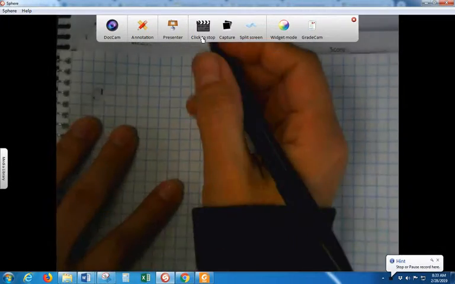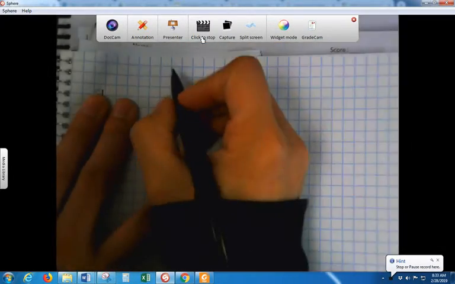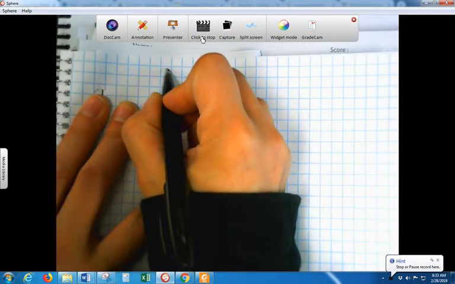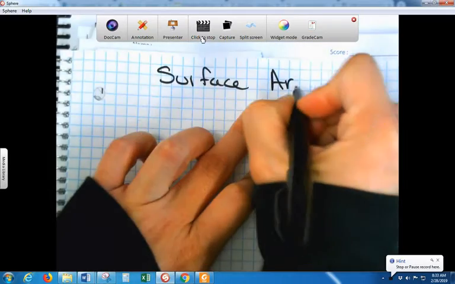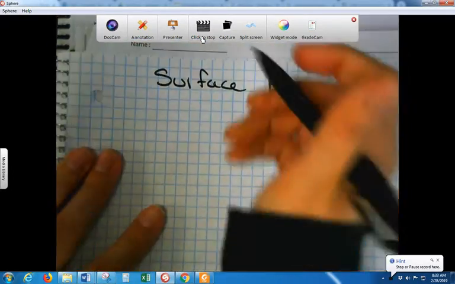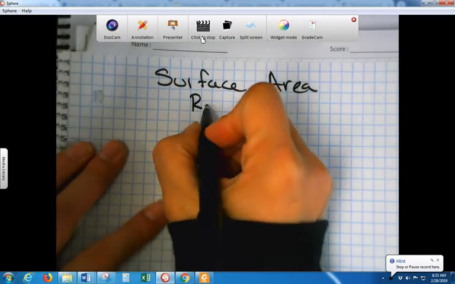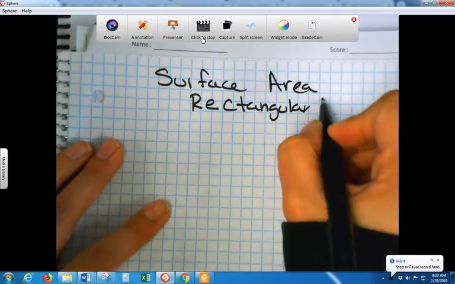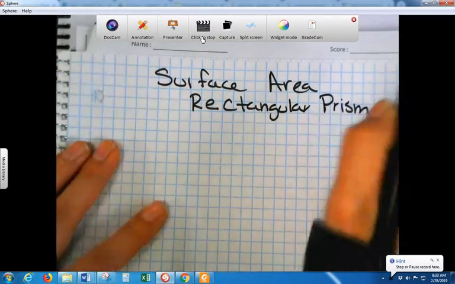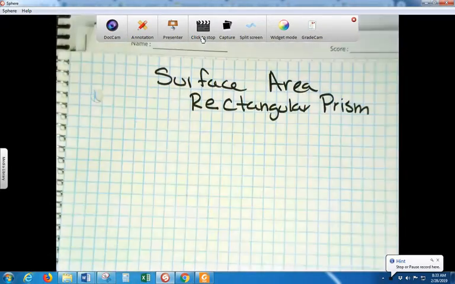Okay, today we're going to talk about surface area and a rectangular prism. Okay? Surface area and a rectangular prism.